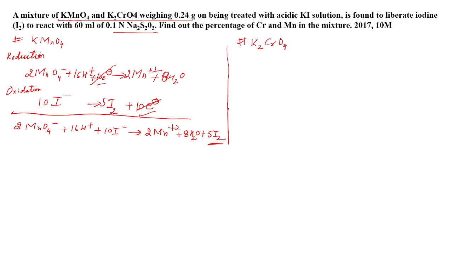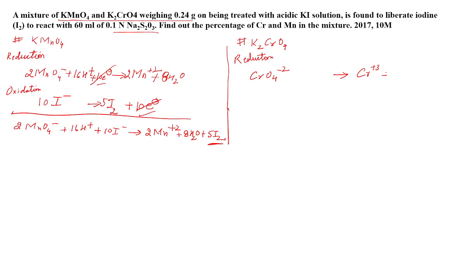Again I am going to write the reduction half reaction. Here CrO4 minus 2. Here plus 6 oxidation is there, and generally chromium converts into the +3 oxidation state. Okay, elements are balanced.